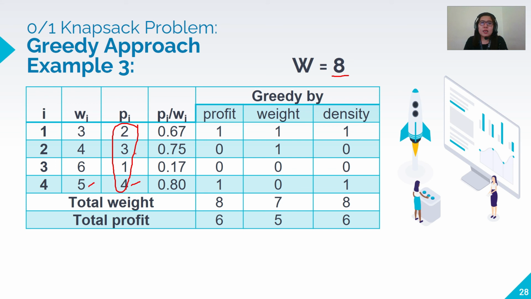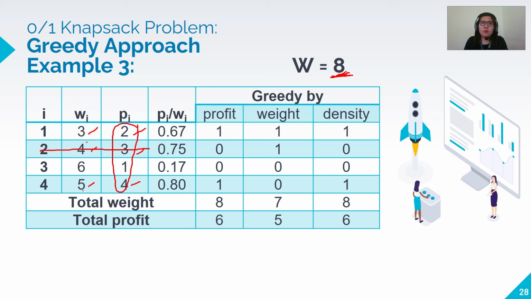Then next, ang susunod is 3. Take note, pero the weight is already 4. So, if we'll add 5 plus 4, that exceeds the weight. So, disregard natin yung item 2. Sunod natin yung second largest, we have this one. And the weight is 3.